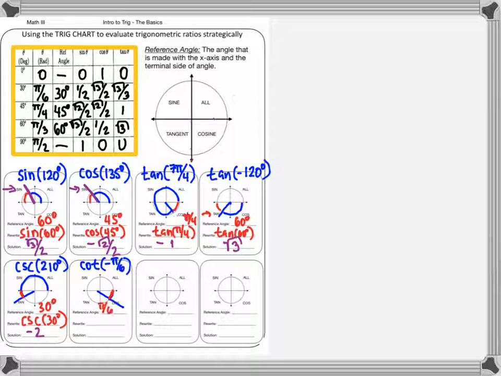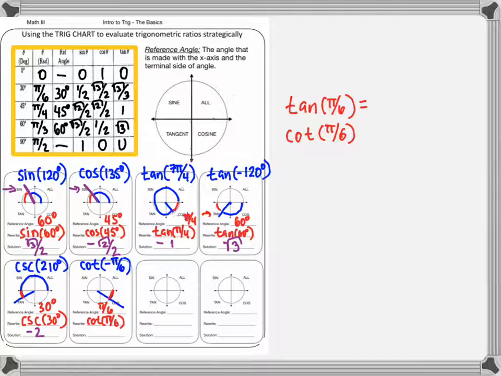We can just rewrite this as the cotangent of π/6. On the right-hand side, we have the tangent of π/6. We want to figure that out first and take the reciprocal of it, because that's going to give us what cotangent is.